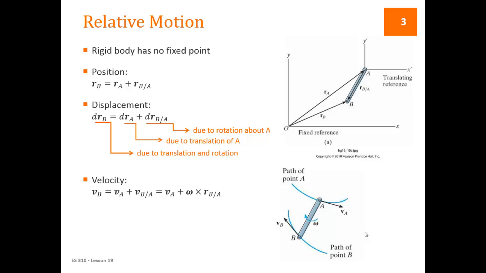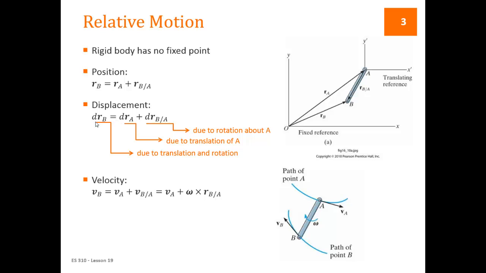To do that, we take a look at the position. This equation has not changed: the position of B is equal to the position of A plus the position of B relative to A. Remember, this notation gives us the position of B as measured from A. The displacement is a change in position.